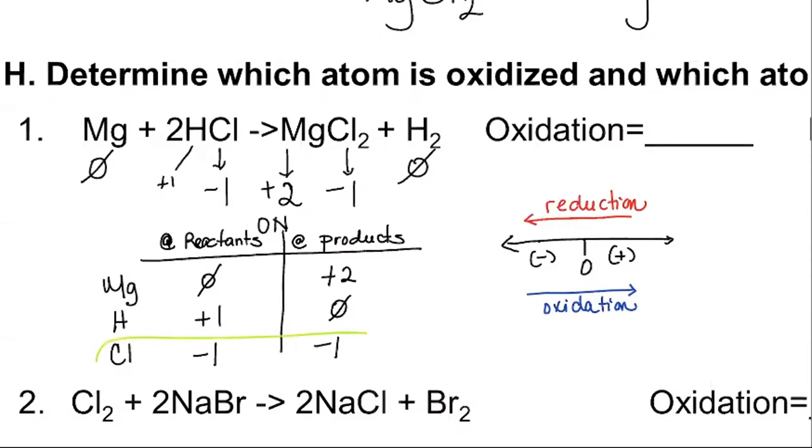So here, chlorine didn't change. And we have a specific name for atoms that do not change in terms of their oxidation numbers. What is that termed? Thank you, guys. The spectator ion. That spectator ion is just sitting there looking at the action of the exchange of the electrons, but is not participating. Okay? So let's first identify, you guys, who got reduced out of this, meaning something that was positive and now it's less positive.